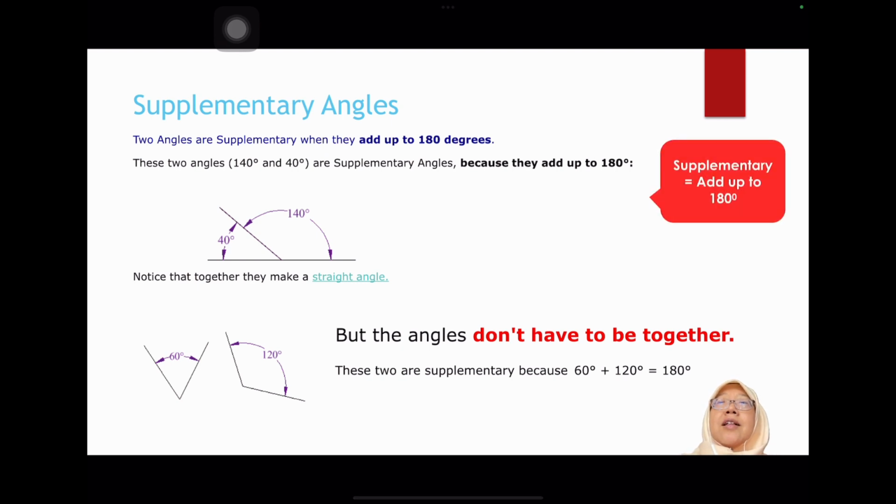Now the next angle is called supplementary angles.